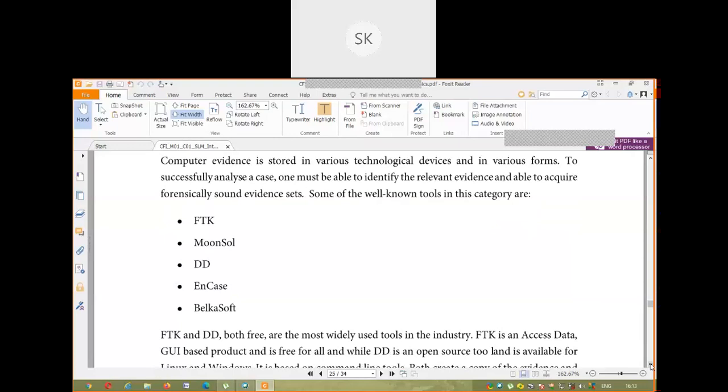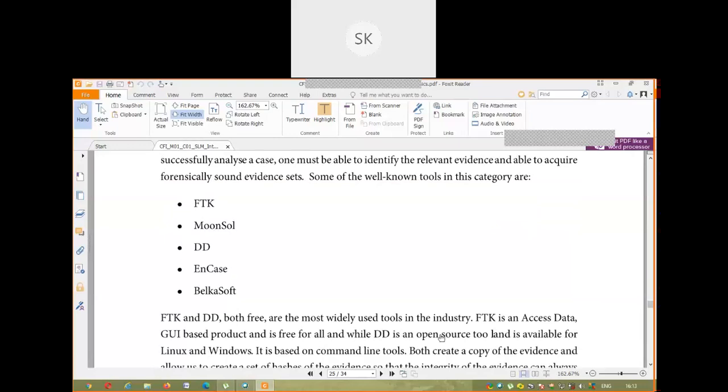Okay, FTK is an AccessData GUI-based product. That means FTK has a GUI. GUI means what? Graphical user interface. So you will get what you are searching. You can see all these things because it has a graphical interface and it's free for all. That means you can get it freely on the internet.